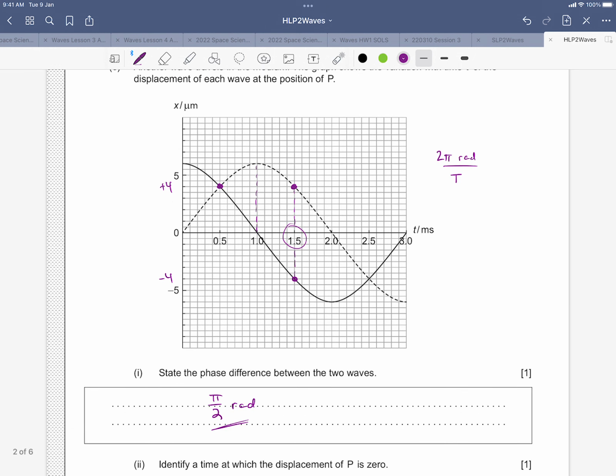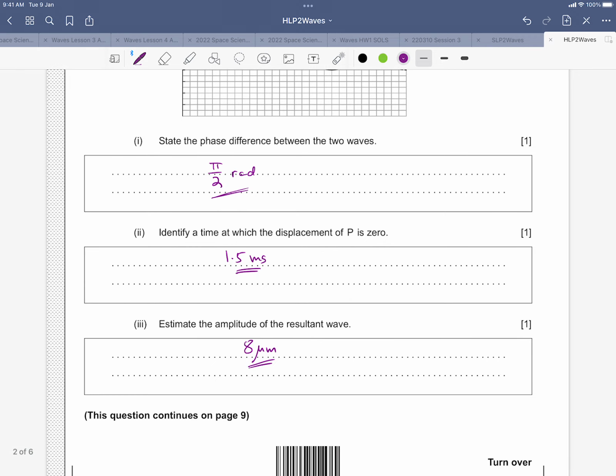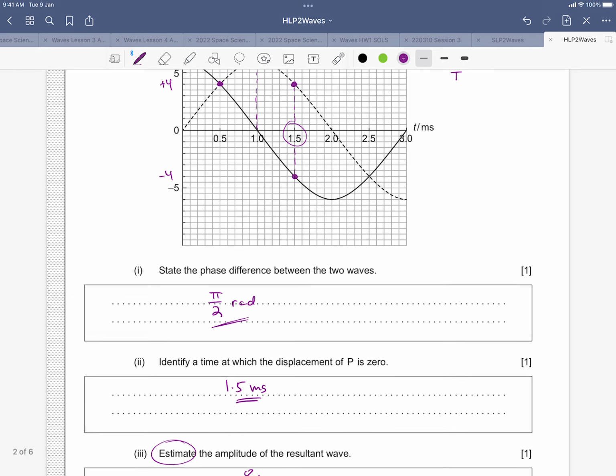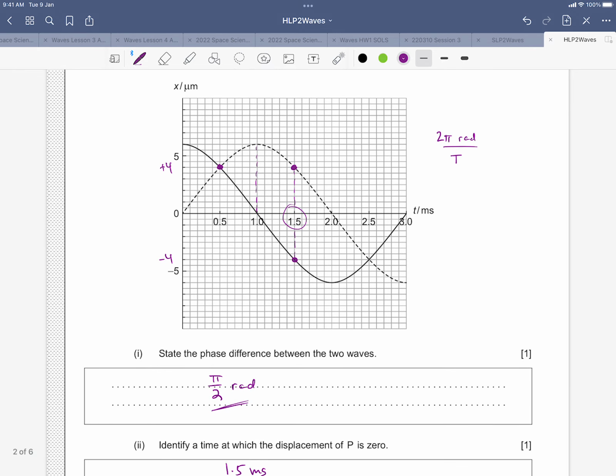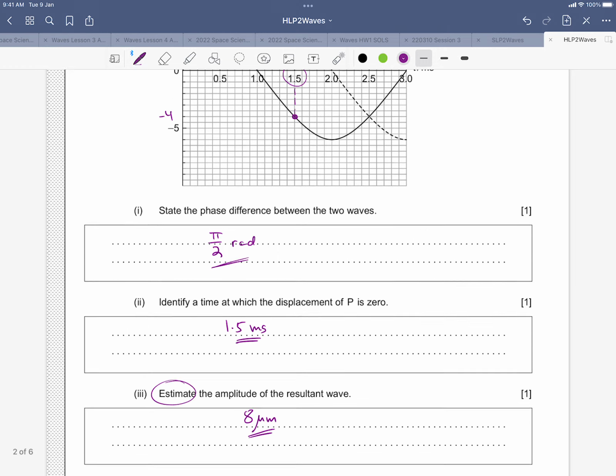Now, for some reason, the IB, they haven't drawn these sinusoidal graphs perfectly accurate. So it turns out if you actually draw these sinusoidal curves, then they intersect at a little bit more than 4 micrometers. So the amplitude is in reality more like 8.5 micrometers. But okay, they are just asking you to estimate it, and for some reason they haven't drawn perfectly accurate sinusoidal curves here.